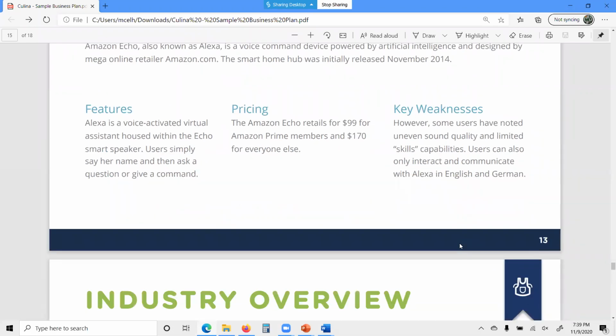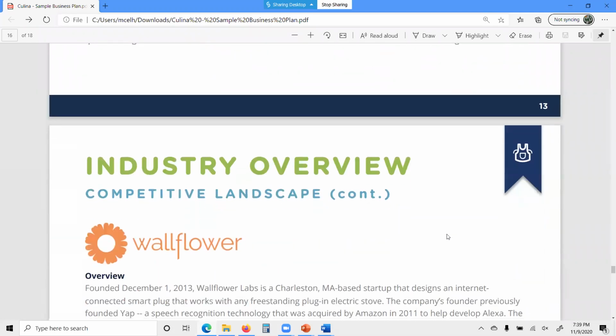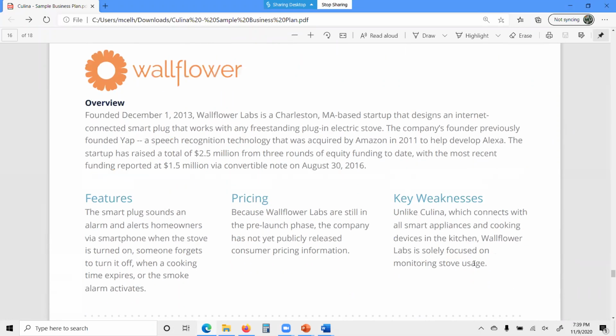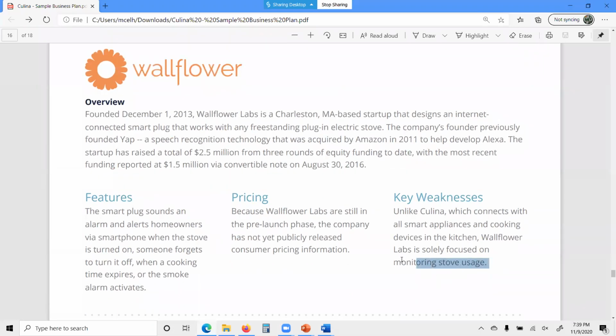Limited skill capability, and there was a language barrier. There was a company called Wallflower that had a smart plug, which was going to be similar to what this had. This Wallflower Labs, it was entirely based on stove usage, nothing else.